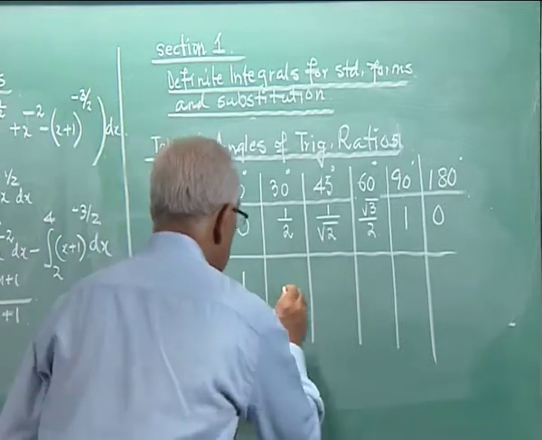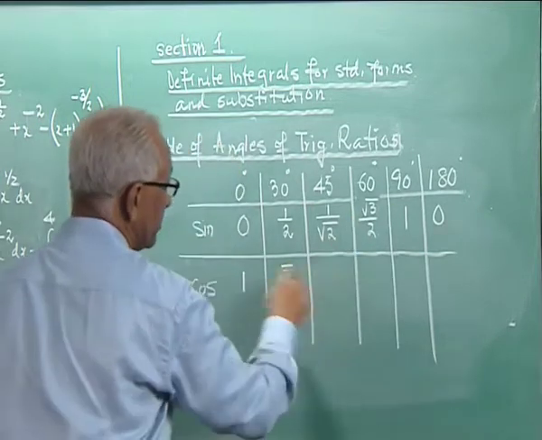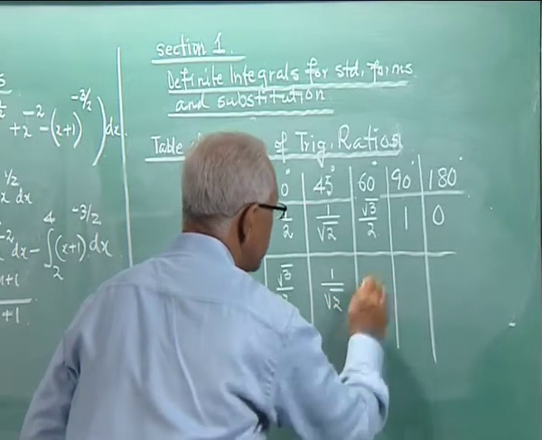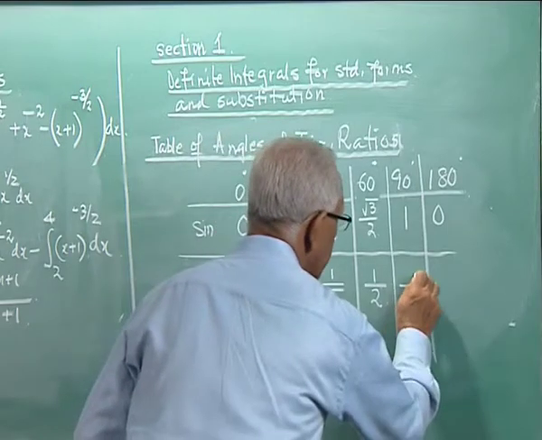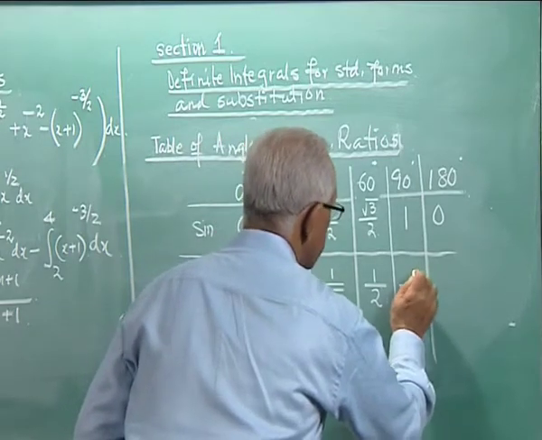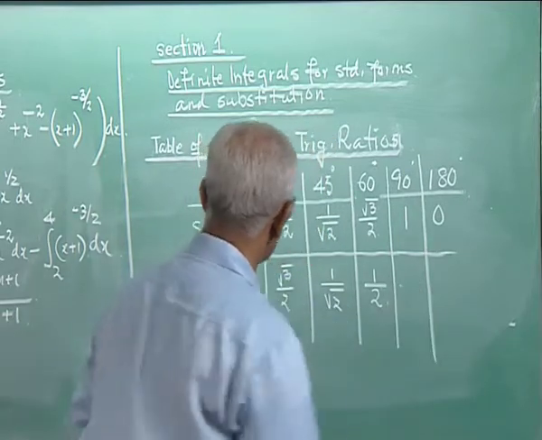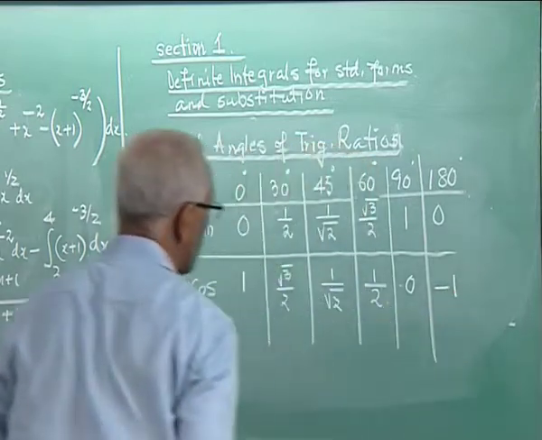Cos of 30 I'll be having under root 3 by 2, same thing here. This will be the same, that is 1 upon root 2. This will be replaced by half, and we will be having it at 90. That is 1, and cos 90 is 0. And so this I'll be getting as minus 1.